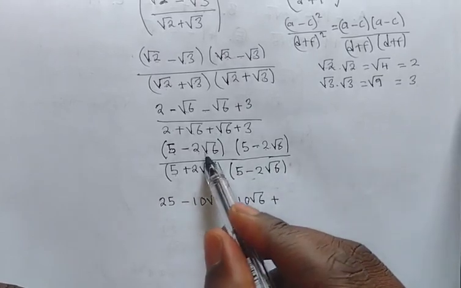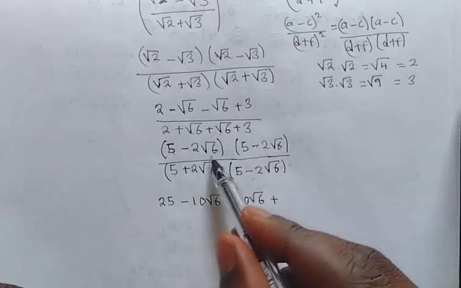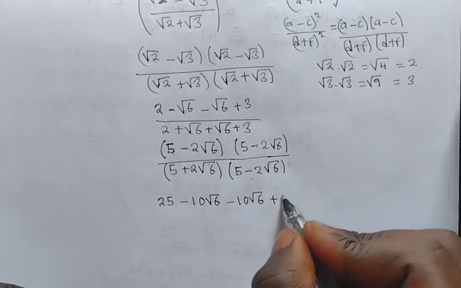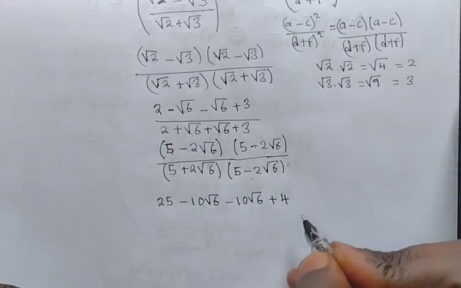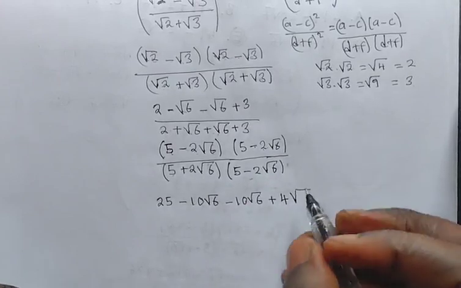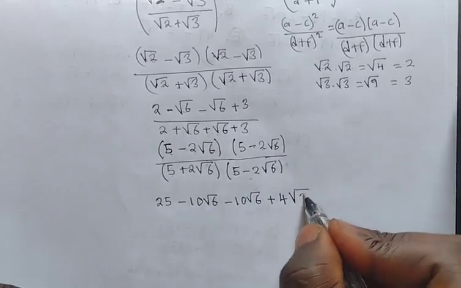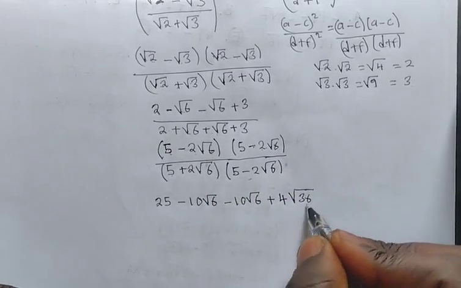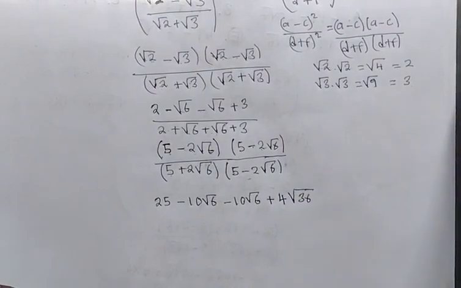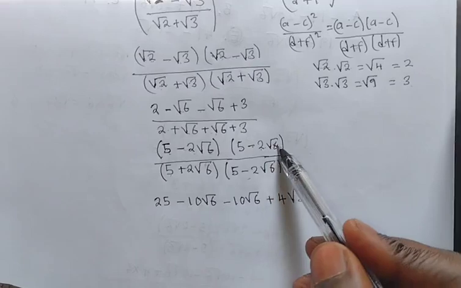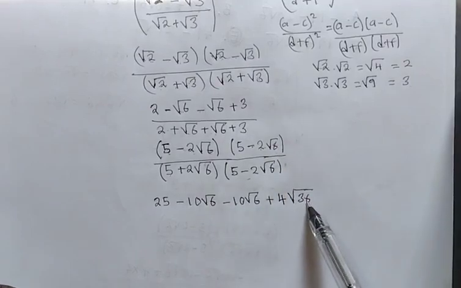Then 2 root of 6 times 2 root of 6. So 2 times 2 will give us a 4. Then 6 times 6 will give us 36. The 36 will be inside as a root, because we are multiplying root of 6 times root of 6, which is root of 36.